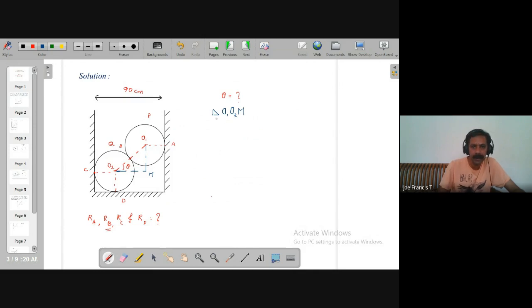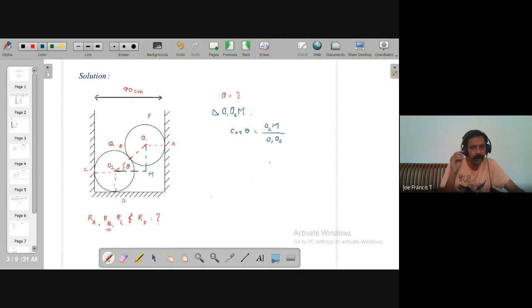If you consider this right triangle, you take the cosine of this angle theta. Cos theta will be the adjacent side by the hypotenuse. The adjacent side is O2M and the hypotenuse is O1O2. So cos theta is O2M by O1O2.